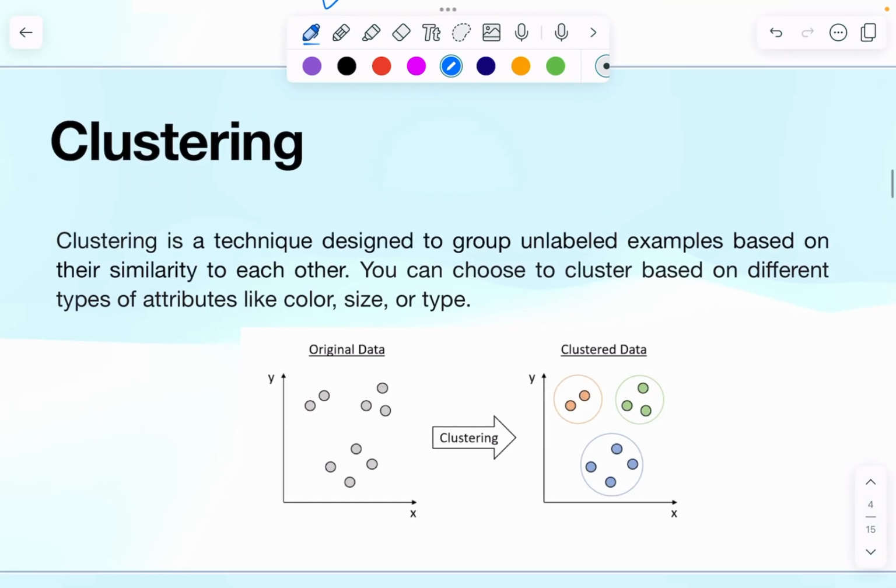You can see these data points. There we have several data points, and now we cluster based on their location. So they will be grouped into 3 different clusters. When they are close to each other, they will be put into the same group.